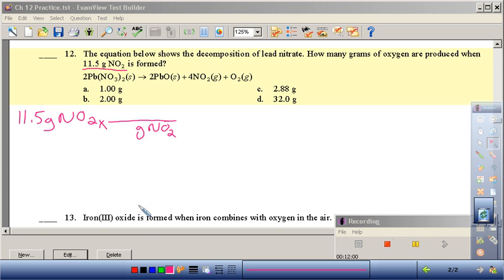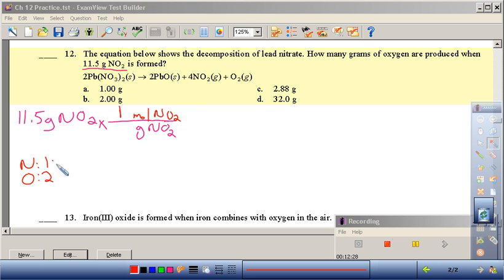What can I change grams to? There's only one thing I can change grams to, and that's moles. And it's always the same chemical. It's always 1 mole. And my mass, I take my formula, I have 1 nitrogen, 2 oxygens.